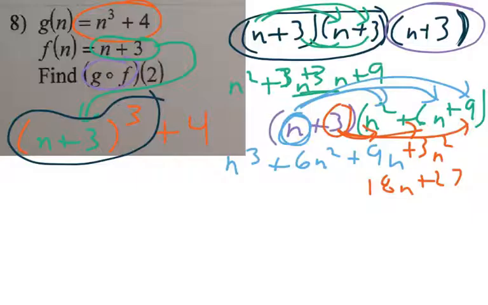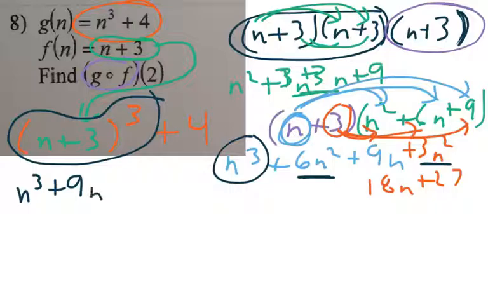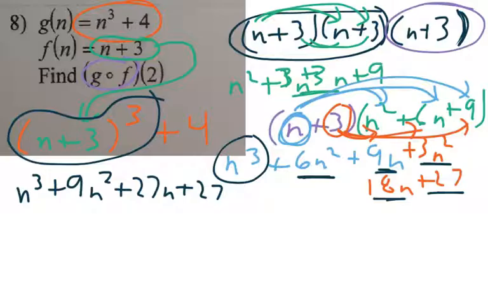So, what do we end up with in the end? I end up with an n cubed. The 6n squared and the 3n squared is 9n squared. The 9n and the 18n is 27n. And finally I have plus 27. Ooh, so we finally got n plus 3 cubed done.